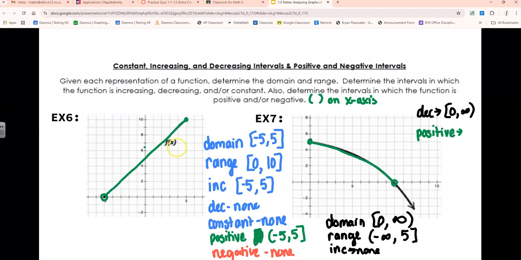So we're thinking about x value. Joey, right here at that first point that's above the x-axis, what's my x coordinate there? It's 0. Good. So we're going to say from 0 over to, right here where I hit that x-axis and I start to go negative, what's my x coordinate there?